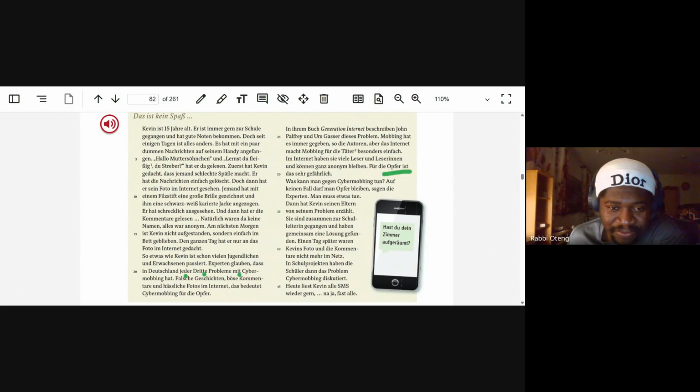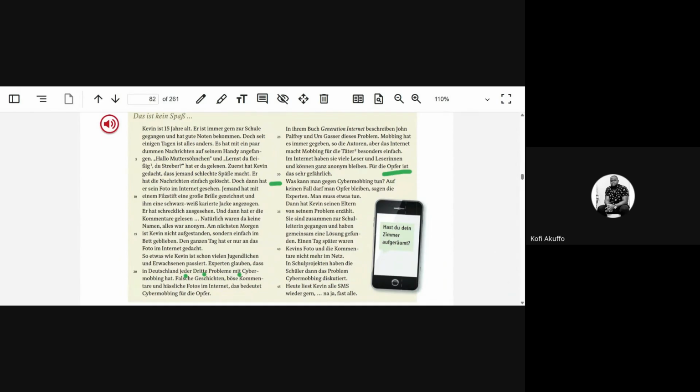Was kann man gegen Cybermobbing tun? Auf keinen Fall darf man Opfer bleiben, sagen die Experten. Man muss etwas tun.